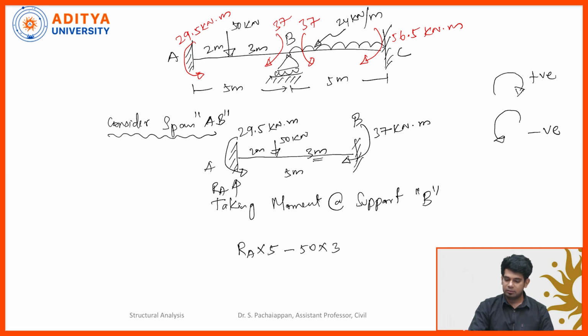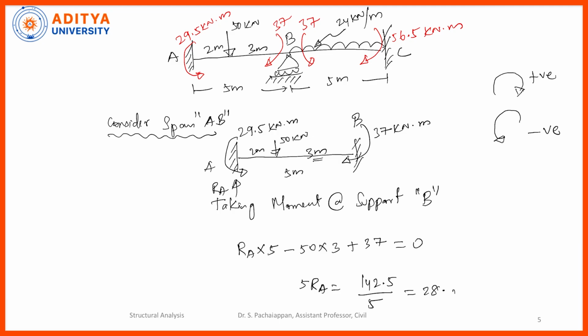And then we have 37 kilonewton meter, which is a clockwise couple. So I am substituting that value, that is plus 37 equal to 0. If you simplify this, we get 5 RA equal to 142.5, so RA is 142.5 by 5, which is 28.5 kilonewton. So we calculated the value of RA.